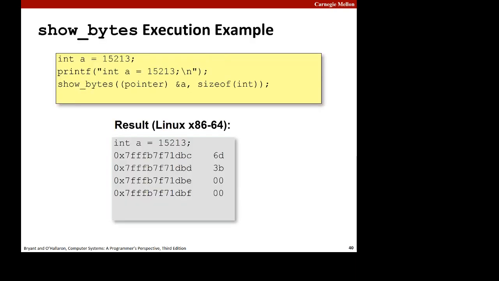You can run it on various different things and get numbers like this, 15213 printed on a Linux machine, and you'll see it's a little endian machine. Unfortunately, I don't know any machines on campus that are big endian. There might be somewhere in the accounting department, but I don't think even there.